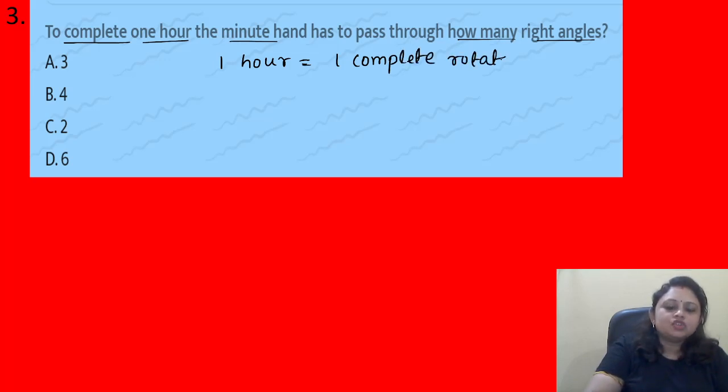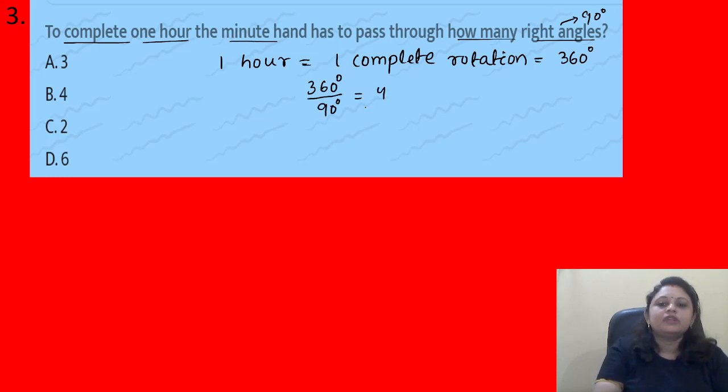One complete rotation means 360 degree. So in 360 degree, how many right angles? Right angle means 90 degree. How many 90 degrees are there? That is 360 degree divided by 90 degree equal to 4. So here the correct answer is option B, that is 4.